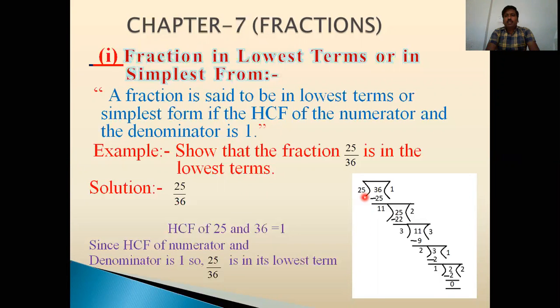When we find the HCF, we see that the HCF is 1. So the given fraction is in lowest term. It means 25 by 36 is in its lowest term.